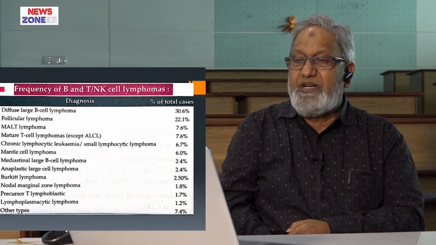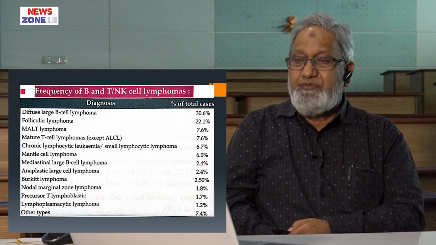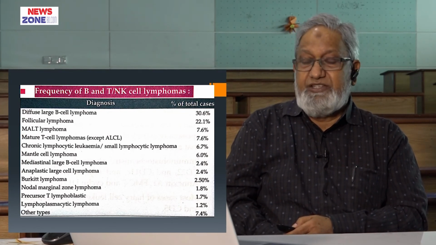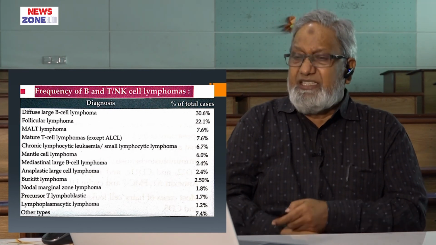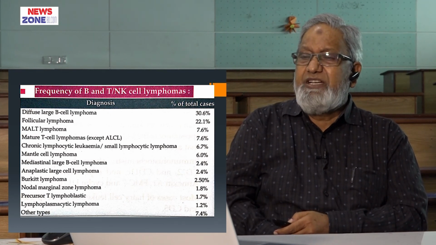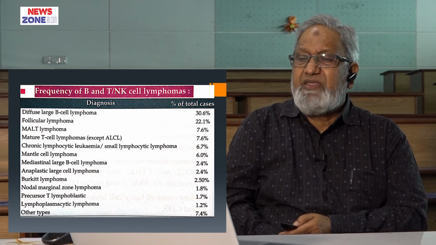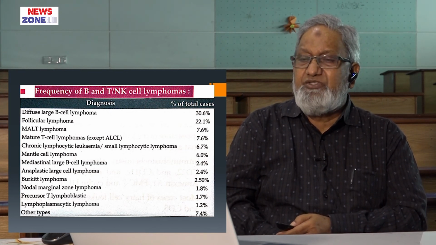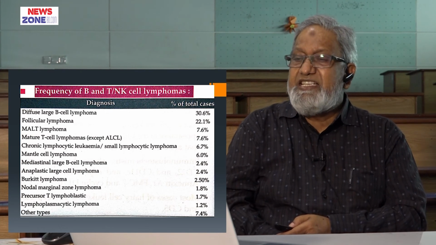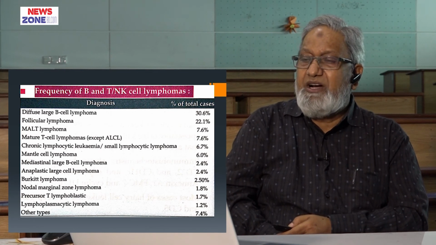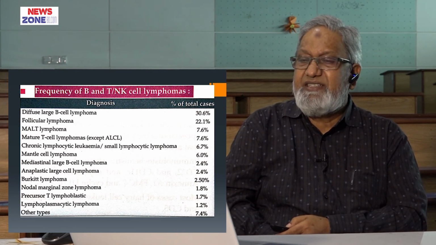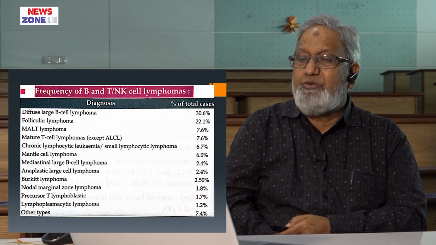Then we go to the frequency of B cell lymphoma. The very common diffuse large B cell lymphoma is the predominant variety, accounting for more than 30% of lymphomas, and follicular lymphoma is about 22%, multiple myeloma is about 7%, and chronic lymphocytic leukemia or small lymphocytic lymphoma is 7%.